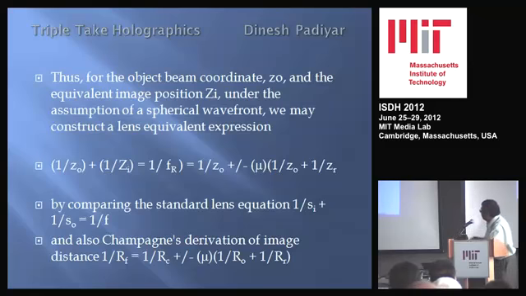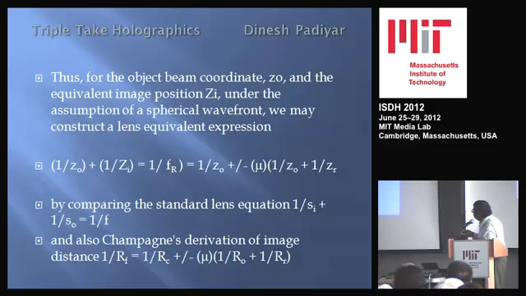In order to create this lens formulation, this lens equivalence, you can then create the object point here, the image point here, and you create an equivalent lens focal length f, which from those previous equations comes to this.